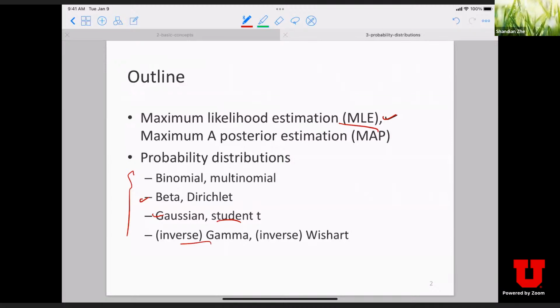What if I want to place a prior over the covariance matrix? We can use the so-called Wishart distribution, because the Wishart distribution is guaranteed to give you a positive definite sample, which you can use as the covariance matrix for a multivariate Gaussian distribution.